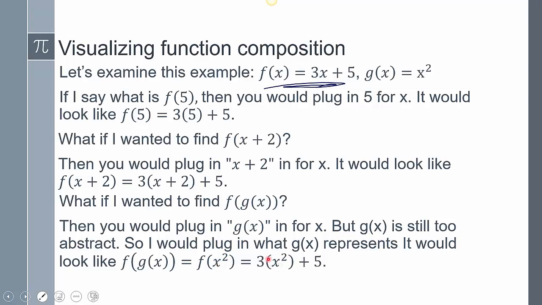And so that would turn into 3x squared plus 5. That's the way I want you to envision it. When we're saying, like in this case, f of g of x, this g of x represents a function, in this case x squared, and all you're doing is plugging that value into your function, replacing whatever variable that function is currently representing.